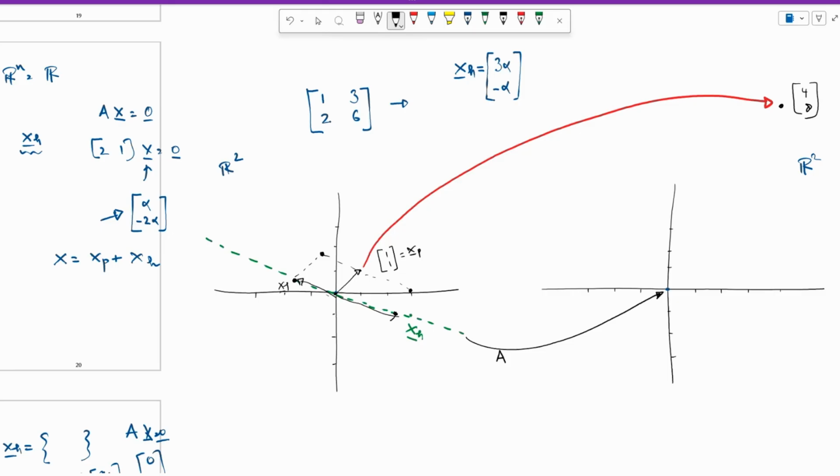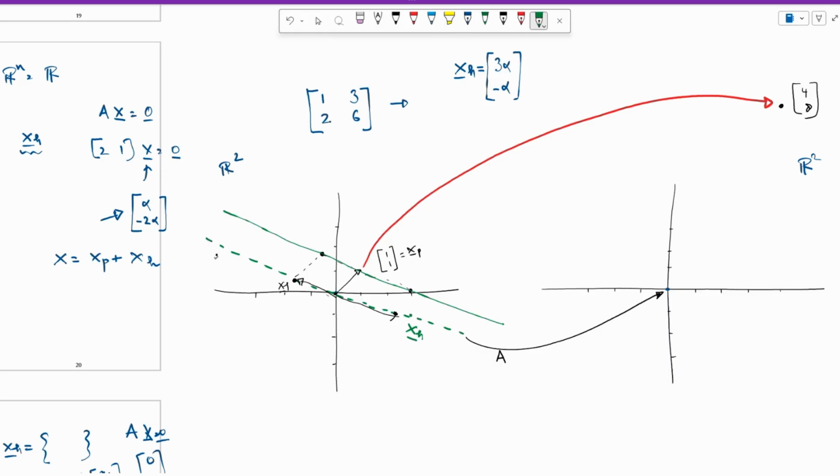In fact, all the points along this solid green line will get mapped to 4, 8.